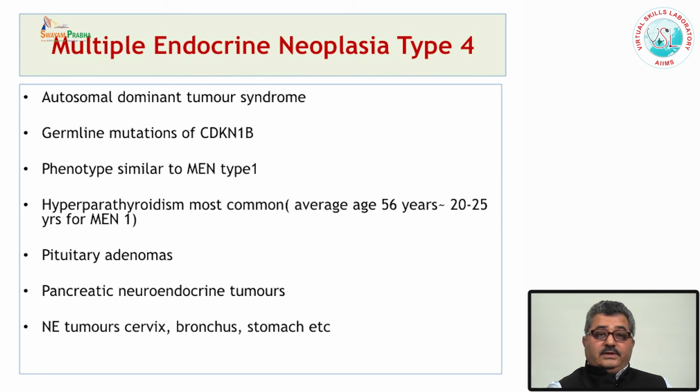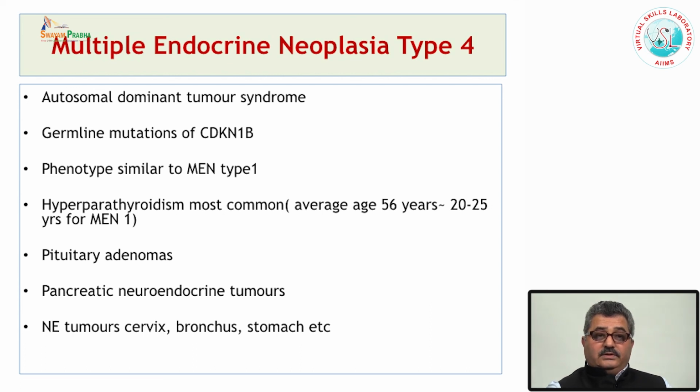Multiple endocrine neoplasia type 4 is a very recently described syndrome. It is an autosomal dominant tumor syndrome characterized by germline mutation of the CDKN1B gene. It is just like MEN type 1. The only difference between MEN type 1 and 4 is that in MEN1, the average age at manifestation is about 20 to 25 years, whereas type 4 usually presents after the age of 50 years.